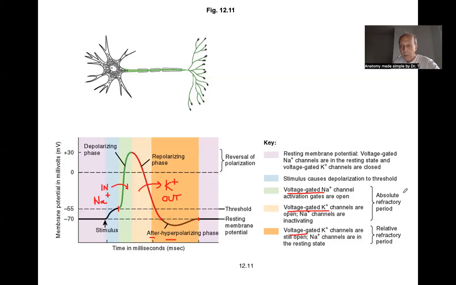There are just two terms on this slide which need further explanation. One is the absolute refractory period, and the other one is the relative refractory period. What is meant by this? Obviously, green and this beige colored section are the absolute refractory period.